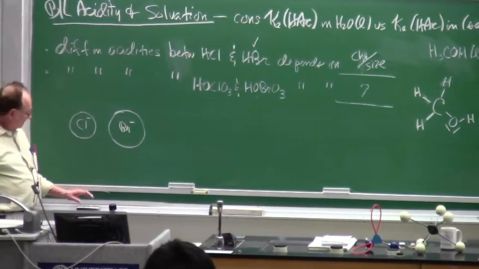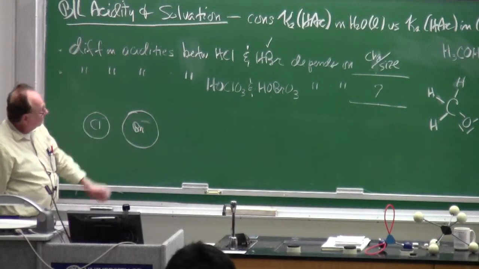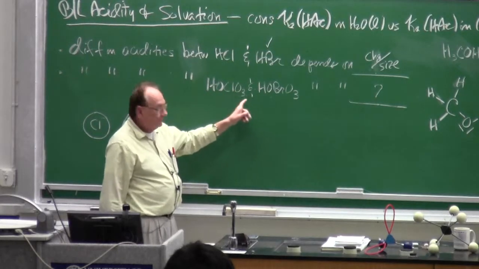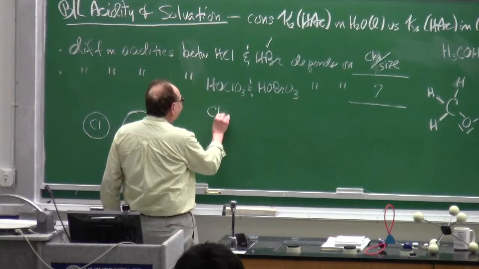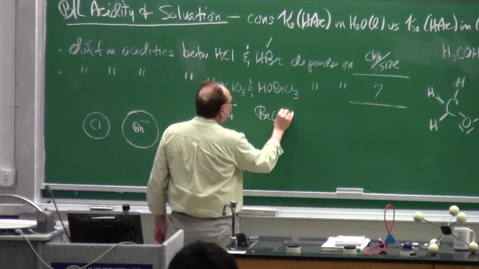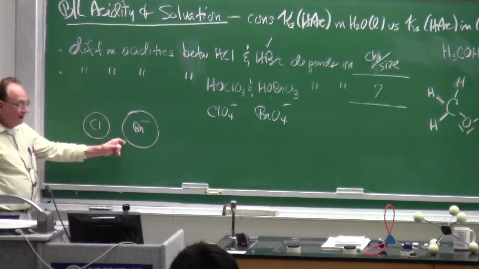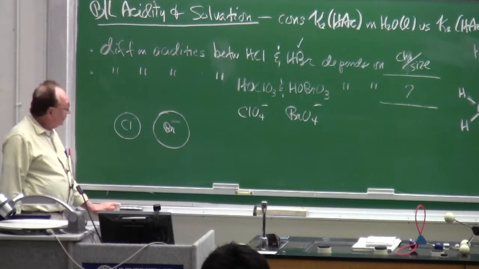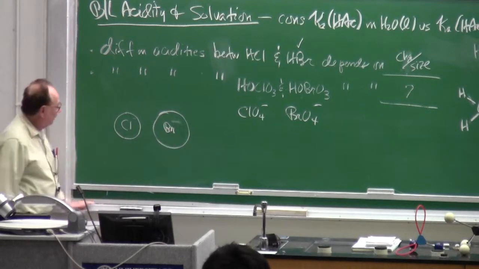Let's take these species and turn them into the anions for these species. Perchlorate ion, perbromate ion. Now remember the size differential we observed between these two anions. Chloride ion, bromide ion. Now we're going to take these two and convert them into perchlorate ion versus perbromate ion.